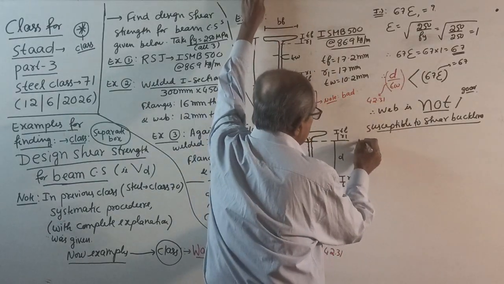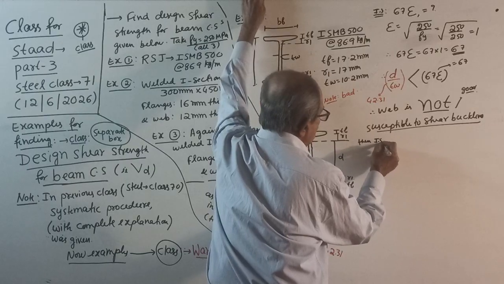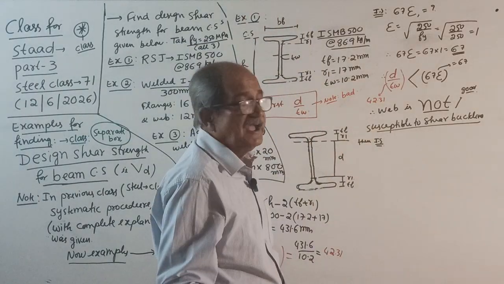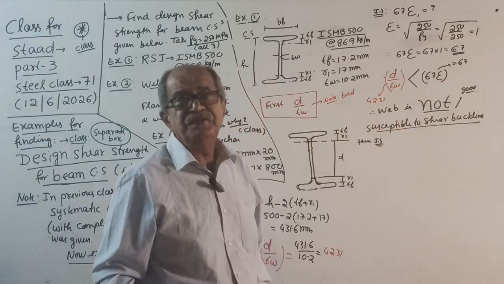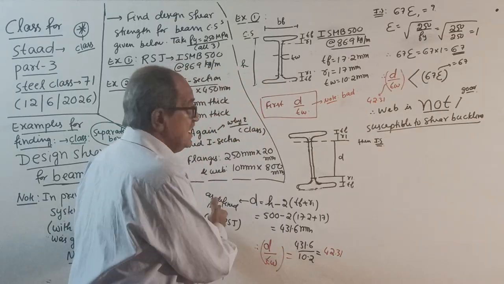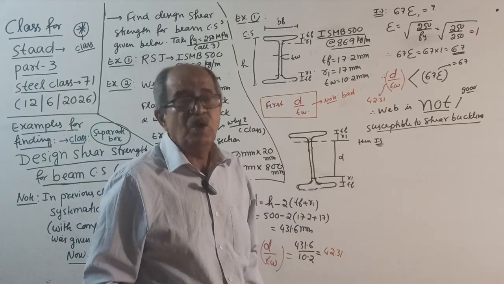Then, as per IS code, you search the page number. I told the page numbers in the last class; I can't waste time searching for IS code page numbers here.